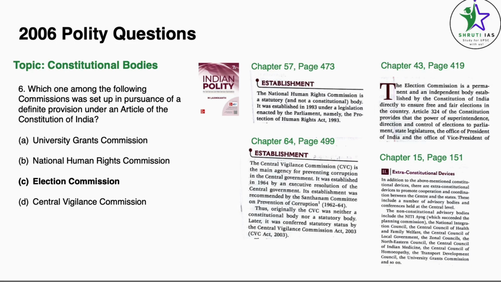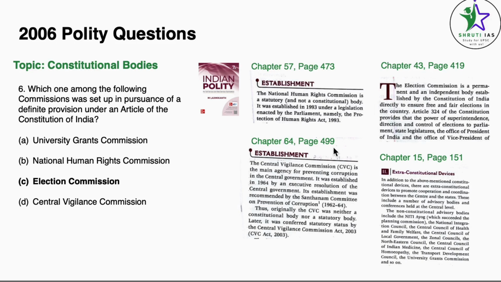Now let's read up on what is given about the National Human Rights Commission and Central Vigilance Commission in Lakshmikanth. For NHRC, check chapter 57, page number 473. This was established as a statutory body, not a constitutional body, under the Protection of Human Rights Act in 1993.